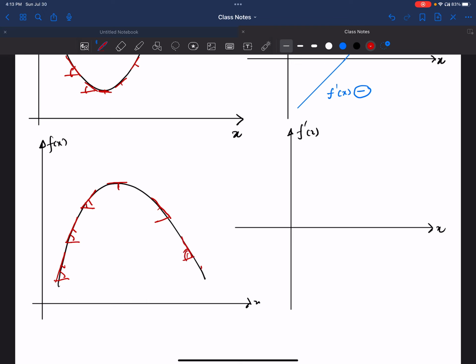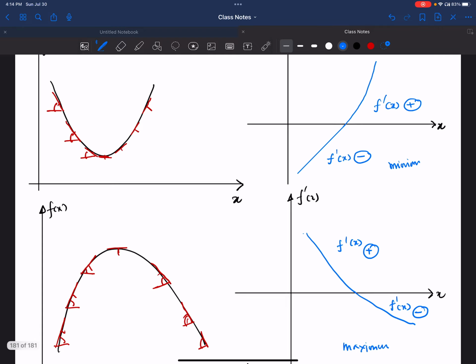The slope of the tangent line becomes negative. That means the f prime of x sign changes from positive to negative. So that's a maximum, and this is a minimum.